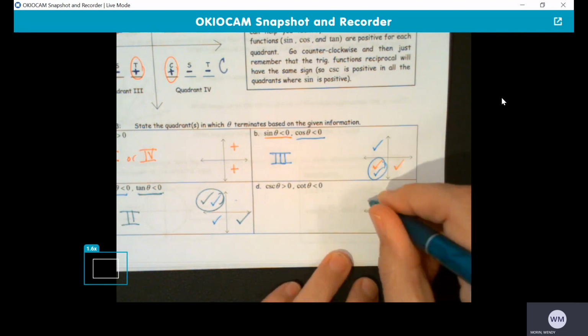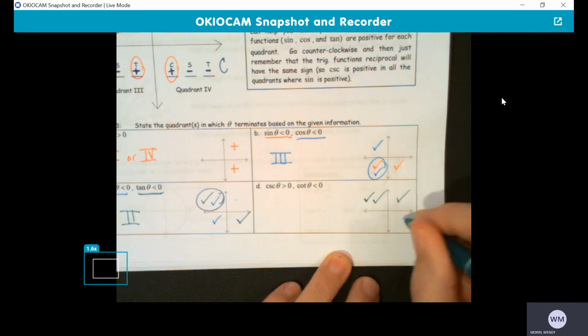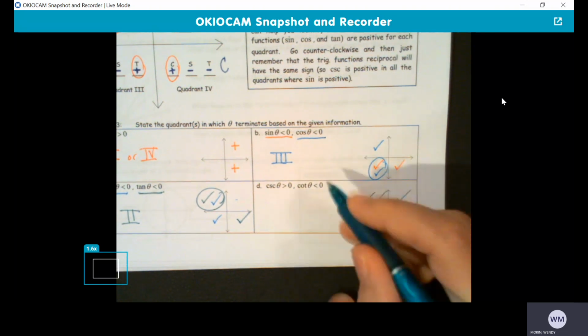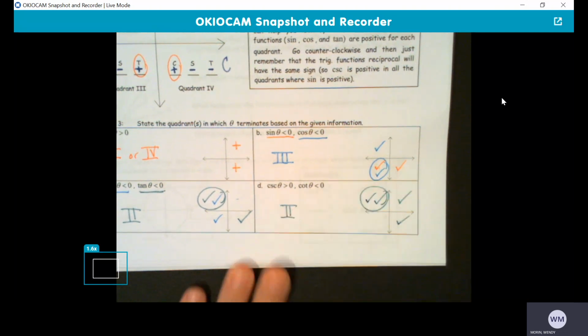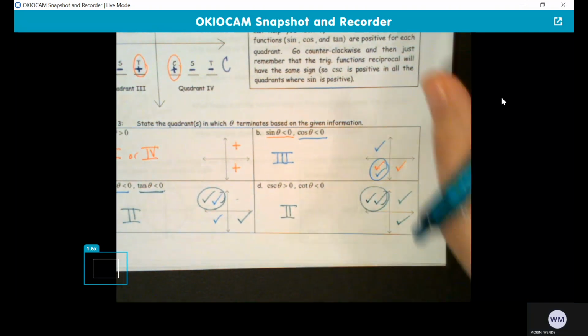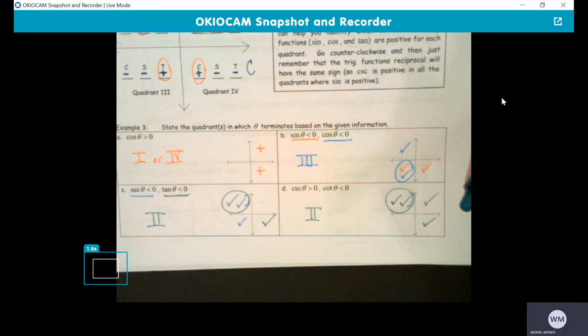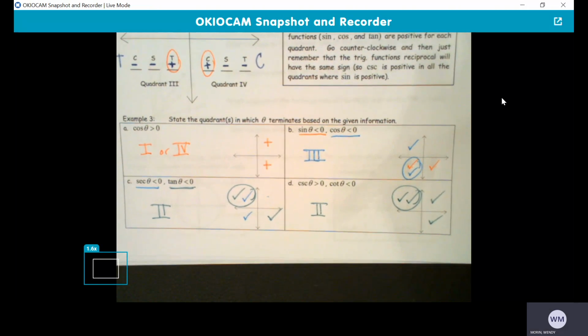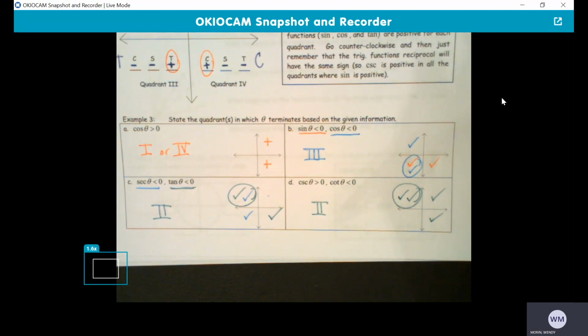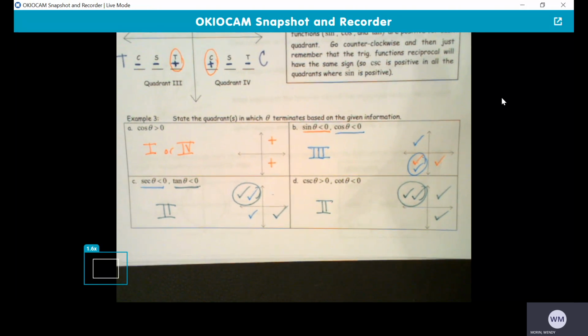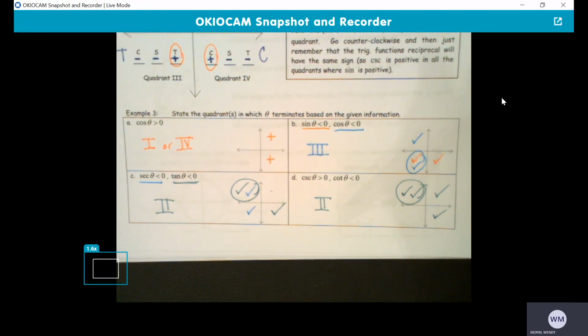So tangent and cotangent must be negative in the second and in the fourth. So where do they both happen? Quadrant 2. So again, that is a question that is testing your All Students Take Calculus, and it's very, very important for much of the trig that we are going to do in the near future.